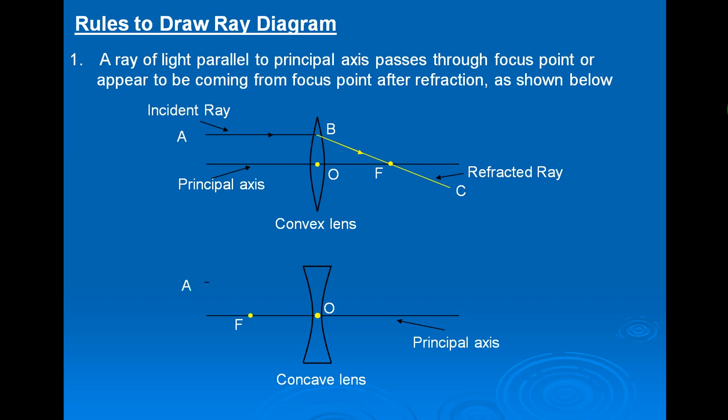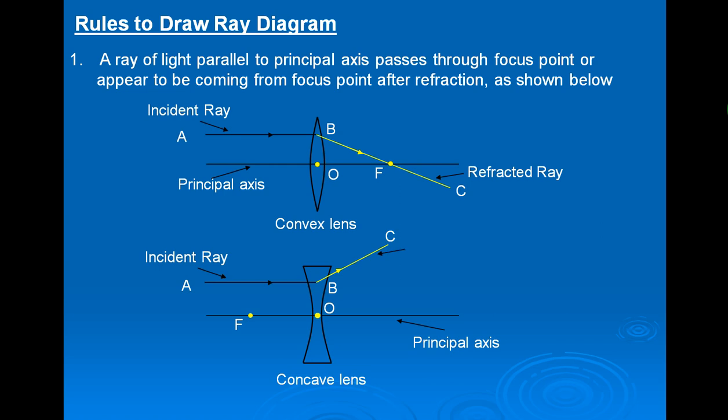From point A, a ray of light is incident on the lens at point B. So AB is an incident ray of light which is parallel to the principal axis, and it diverges after refraction and moves along BC.